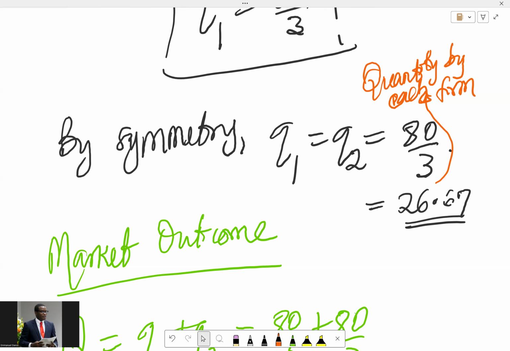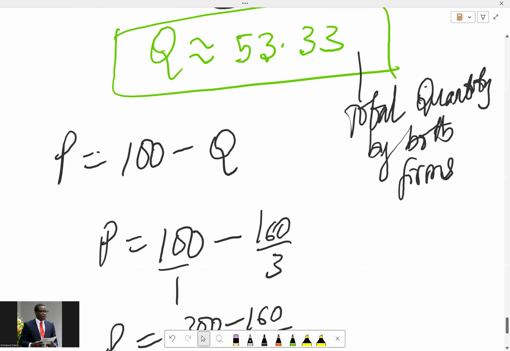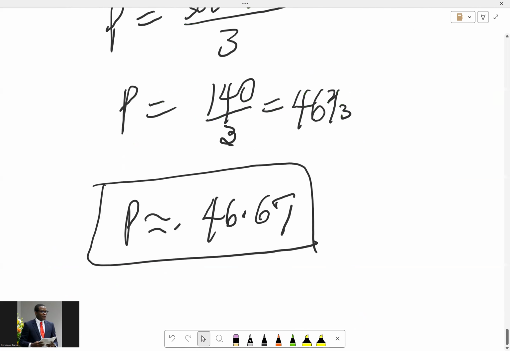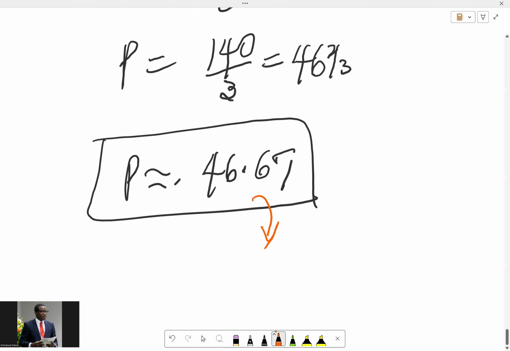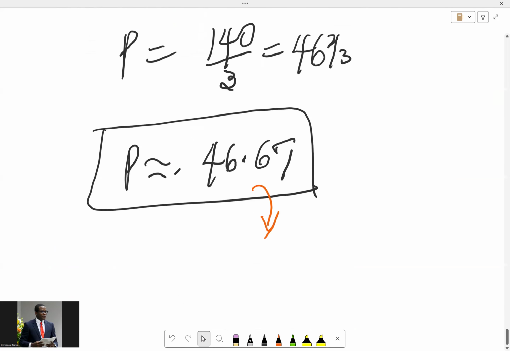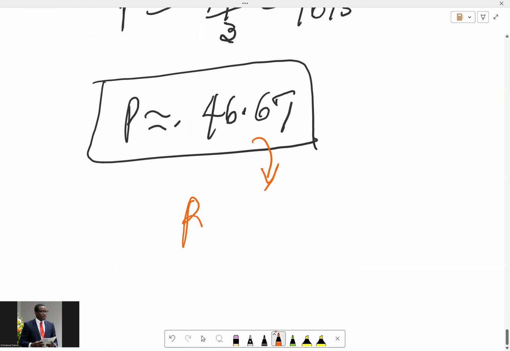Then when we come here now, this is the price: the price per quantity, price per product, so to speak.